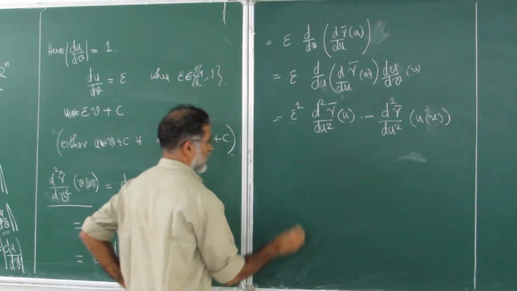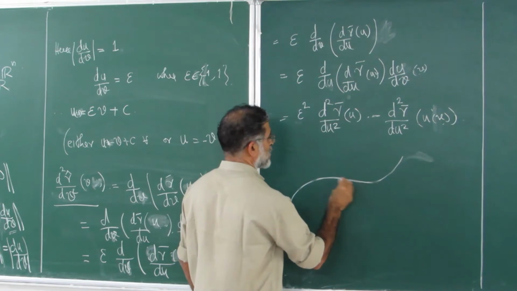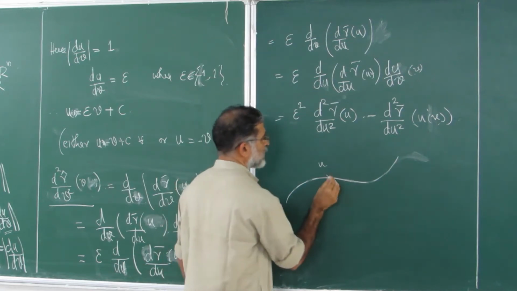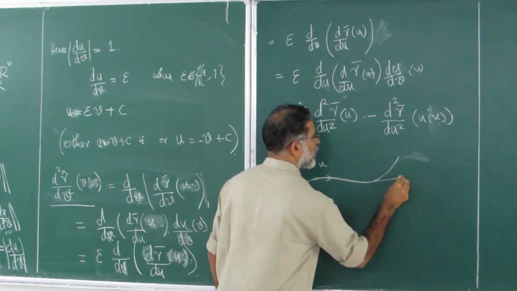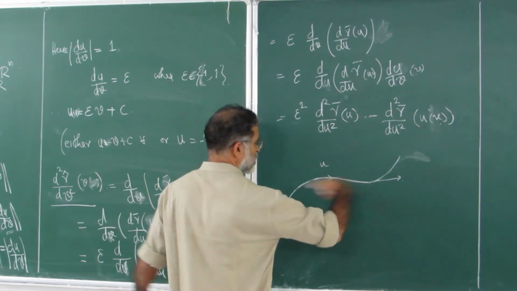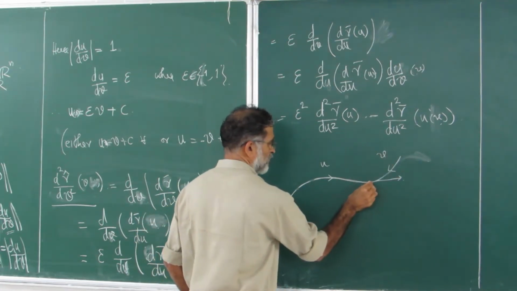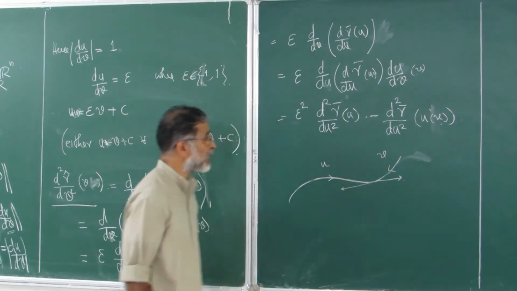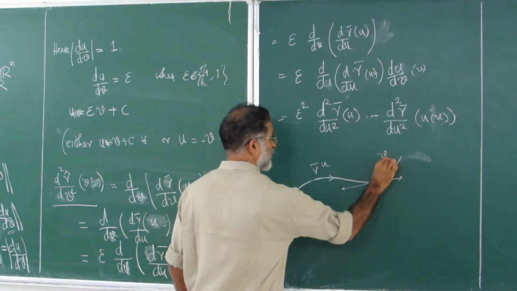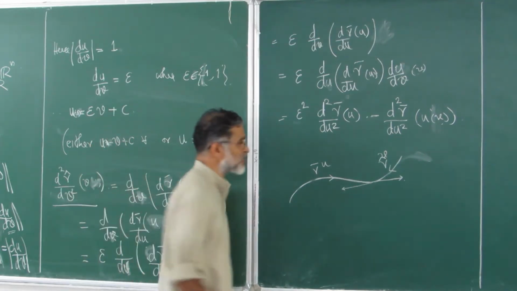So this is important for the curve, because let me tell you what it means. Suppose your parameterization is in this direction, your u is in this direction, then the tangent vector will be like this. If your v is minus of that, then your v will be in this direction and the tangent vector will be in this direction, unit vector both. So suppose gamma bar is in this direction and gamma cap is in the other direction, then the tangent vectors get reversed. But the normal does not get reversed.